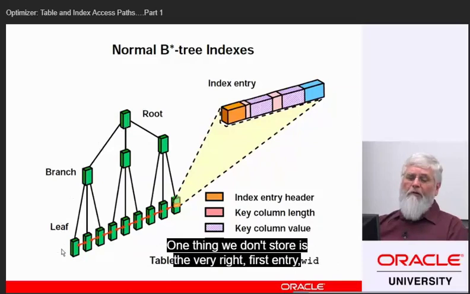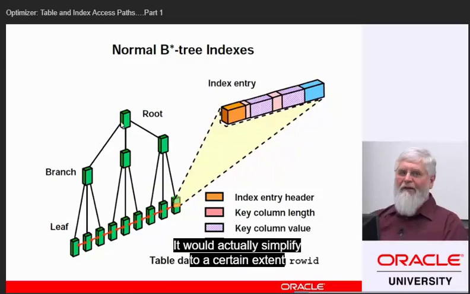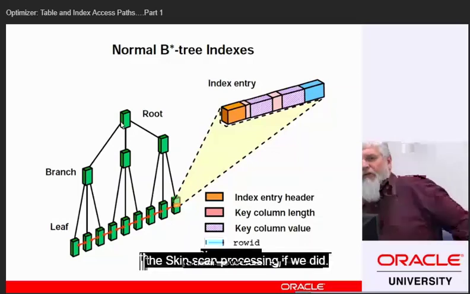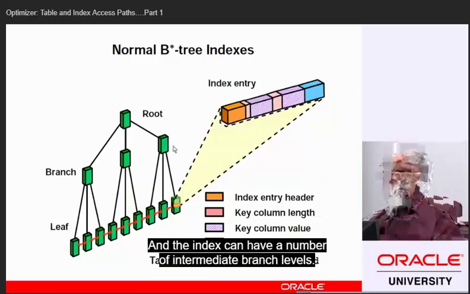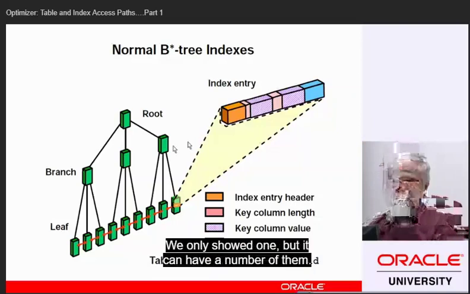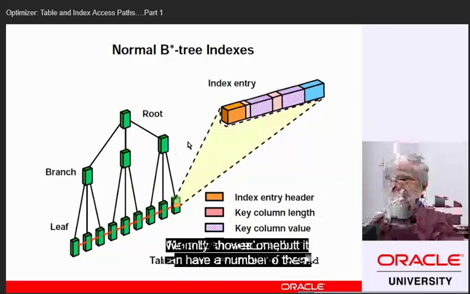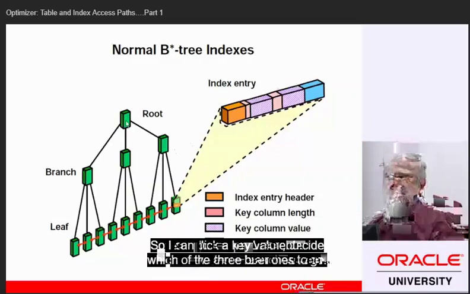The index can have a number of intermediate branch levels. We only showed one, but it can have a number of them. At the bottom, we have the leaf nodes. So I can pick a key value and decide which of the three branches to go down. Maybe this is an employee ID, and I'm looking for employee 2,000.